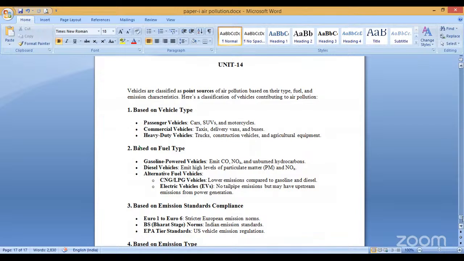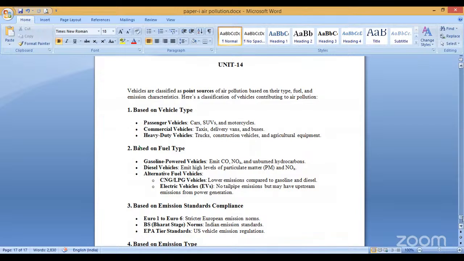Gasoline powered vehicles emit carbon compounds, nitrogen compounds, and unburned hydrocarbons. Diesel vehicles emit high levels of particulate matter and nitrogen compounds. Alternative fuel vehicles, compressed natural gas and LPG vehicles, have lower emissions compared to gasoline and diesel.